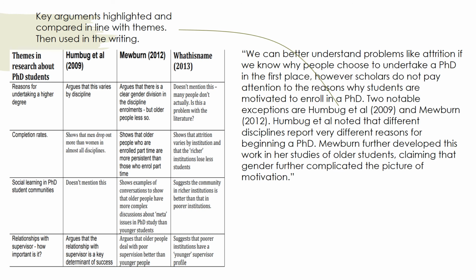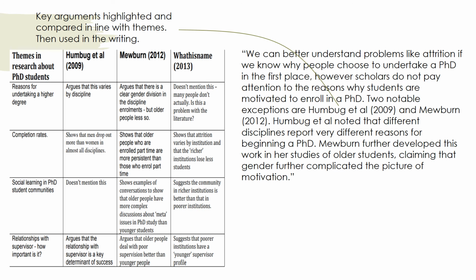So what they've done is they've started moving their reading on, and you can do this with your reading. If you're going to do your literature review, think about the themes that you want to write about that are key from your research, and then start building a view of what the writers are saying in relation to those themes. And that really helps us, because now we're constructing paragraphs, because we can see here that this paragraph is based on this section about completion rates.